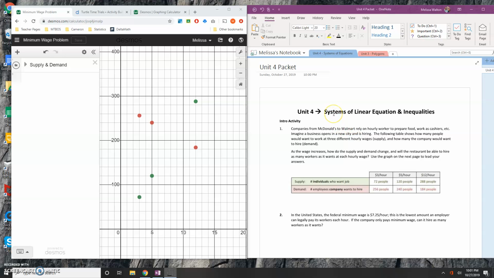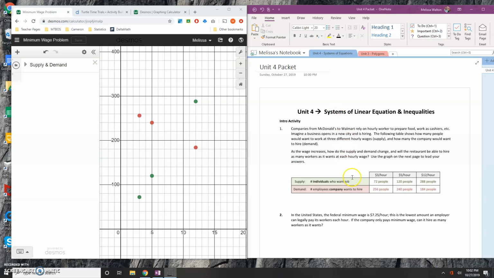And a system is simply a way to say, hey, instead of one linear equation, what if we have two things that we are analyzing? What if we have three? Let's go crazy. What if we have four? So we're going to be talking about relationships between more than just one thing. We are going to be looking at multiple relationships and how those fit together.